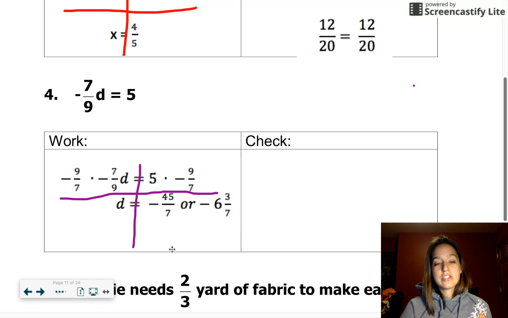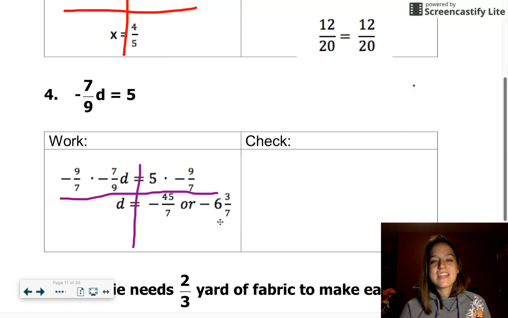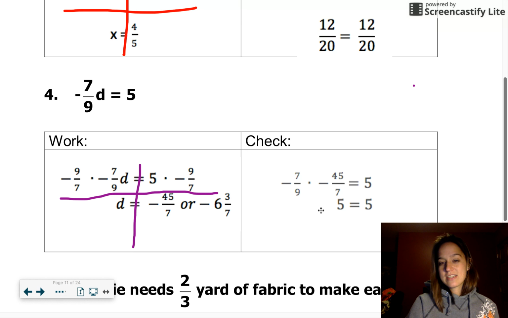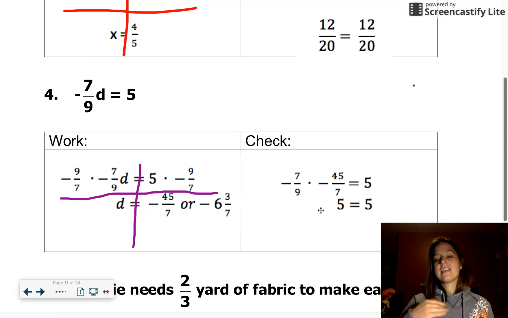So you actually should be making this so that it's 5/1 and then multiplying across, which gets you -45/7, which can also be written as -6 3/7. Hopefully you got one of those answers and you checked your answer to make sure that it was correct, and sure enough, you do get the right answer with that.